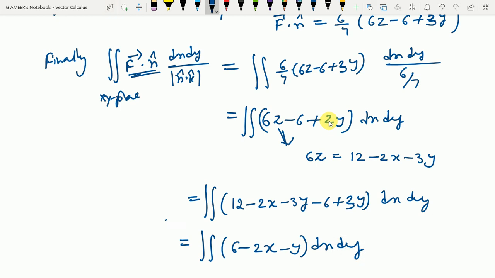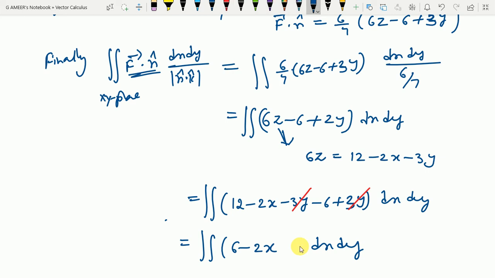This 3y and this 3y cancel, and this 6 remains. That means there is no y here.